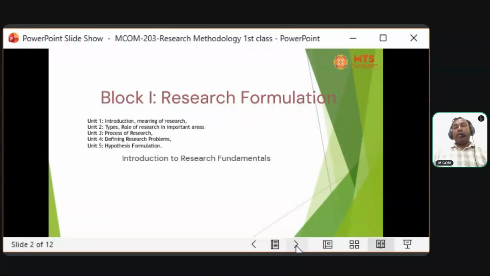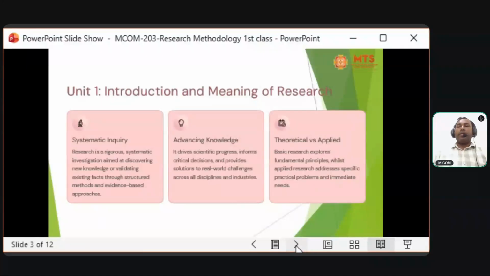Unit 4, defining research problems, and unit 5, hypothesis formulation. So this is our class structure, our class plan today. Let's start with introduction and meaning of research.